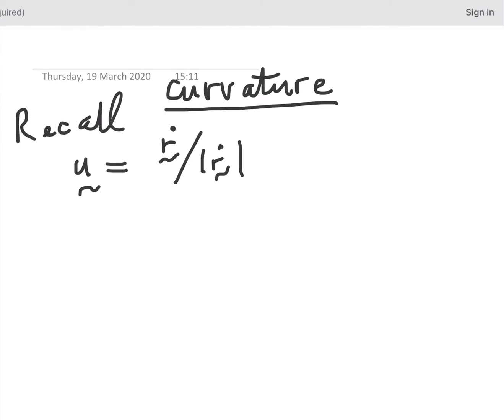And we defined the arc length variable as s. S would be the integral of the mod of r dot. So that's your indefinite integral. So the unit tangent vector could be written as r dot over ds dt.